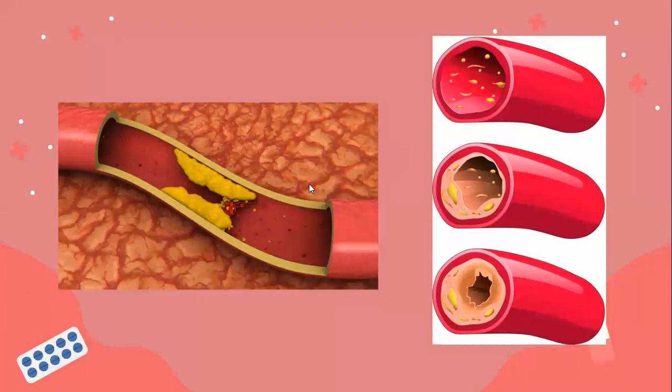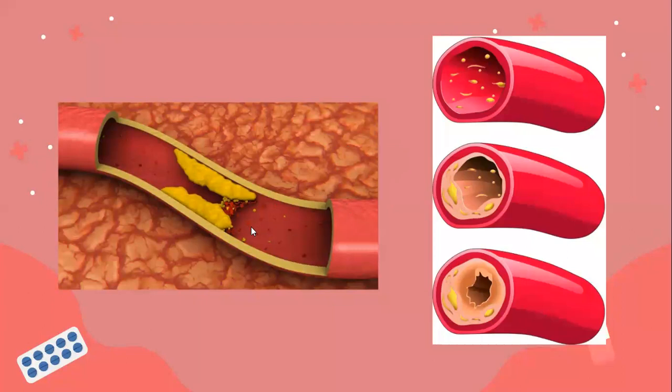Over time, if you keep up this diet for years, it can build up in your veins and arteries and create a plaque, which is just as nasty as it sounds. It's sticky, it's disgusting, it just clogs everything up.